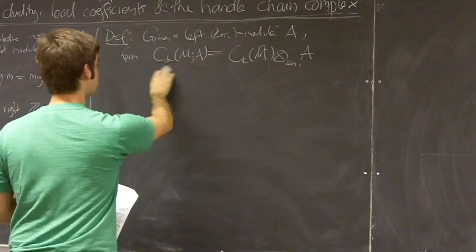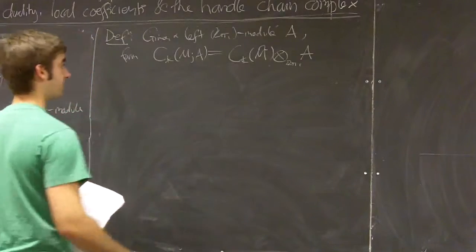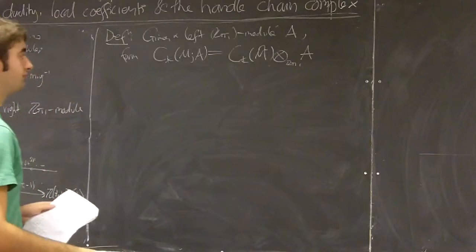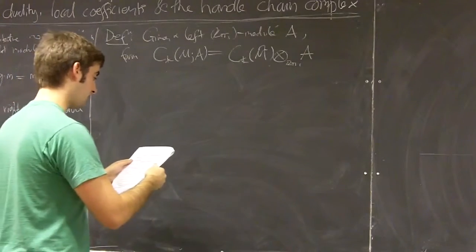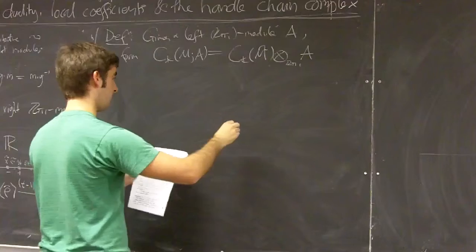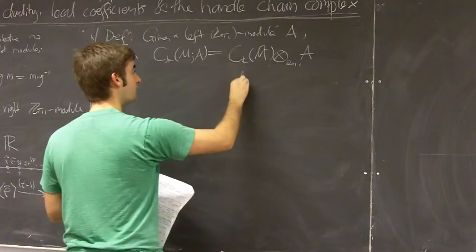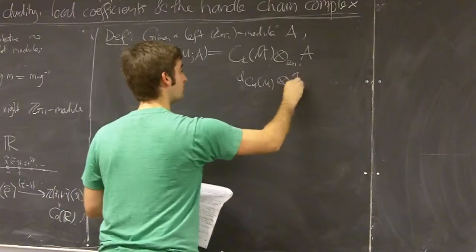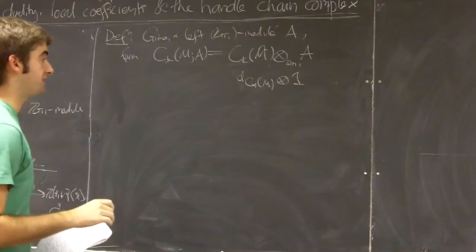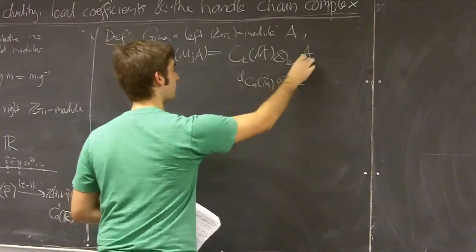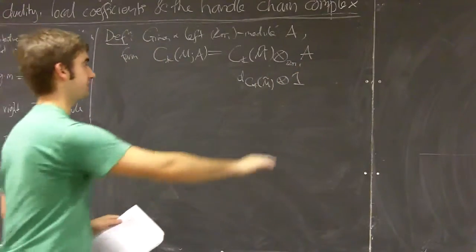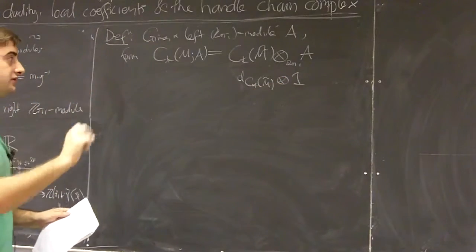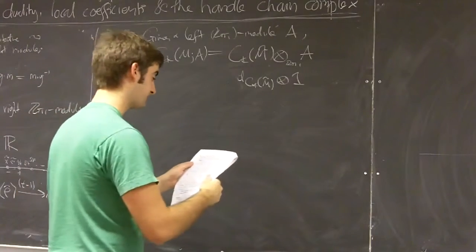And we define this to be a chain complex with module coefficients, I guess. This is a chain complex with boundary map just the boundary map from the C star of M tilde just tensored with 1, because A is just considered as a zero-dimensional chain complex.